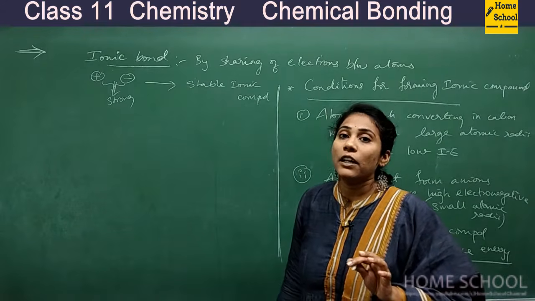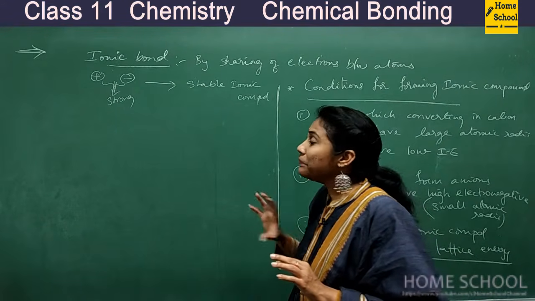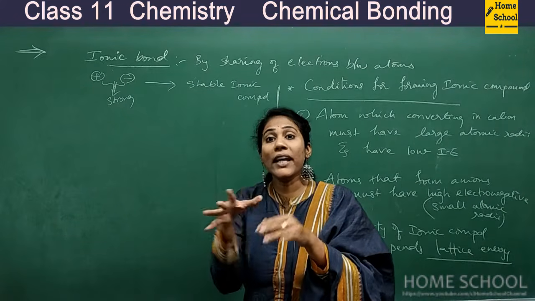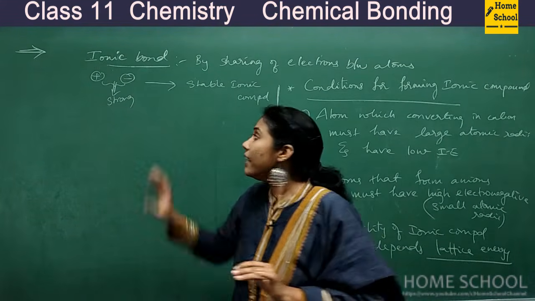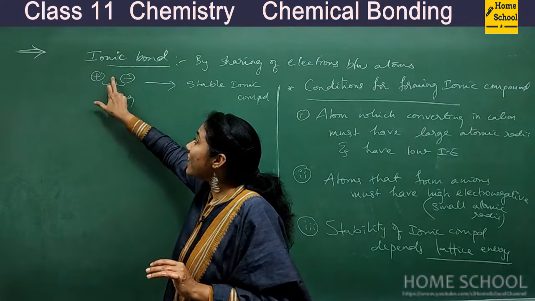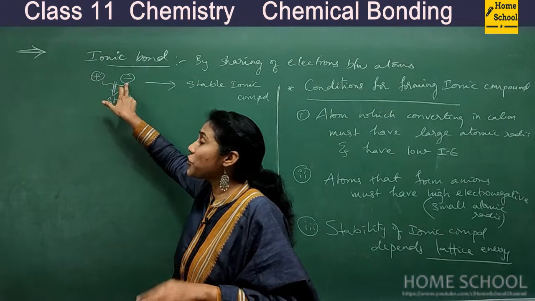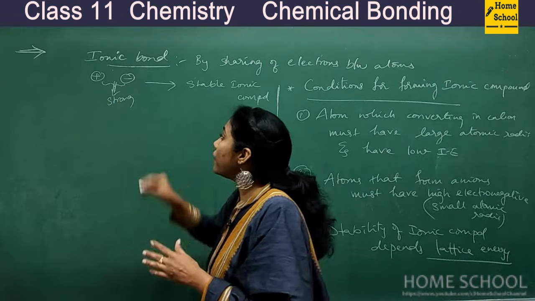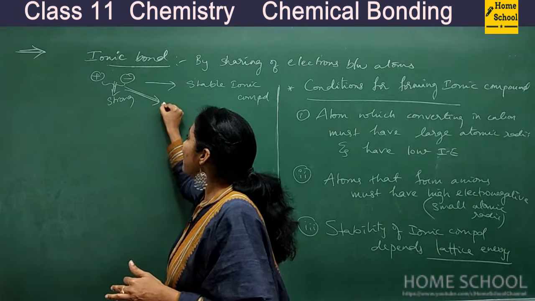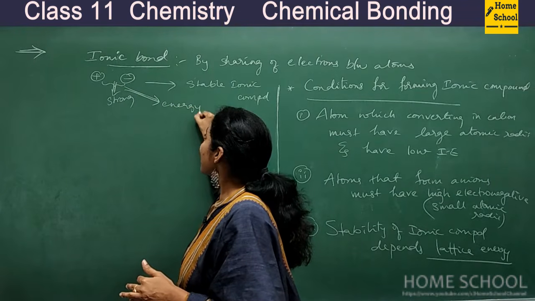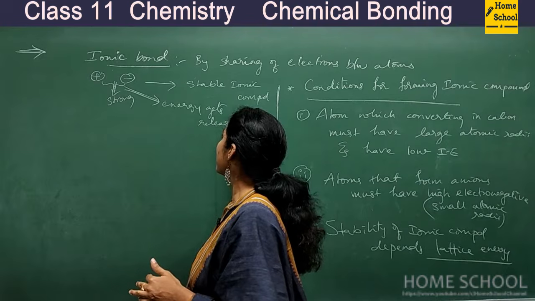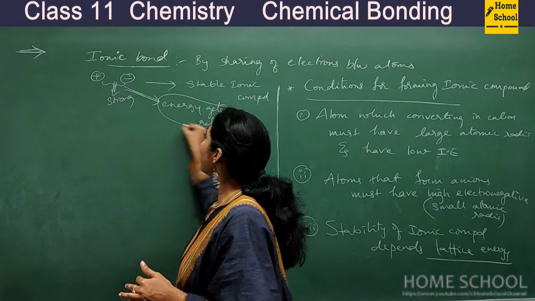then a stable ionic compound is formed. Normally, whenever new attractions are created, energy is released. So when there is a creation of attraction between the positive and negative ions, I mean whenever there is a strong electrostatic force of attraction, energy gets released. I have also discussed this point in my periodic table videos, right?